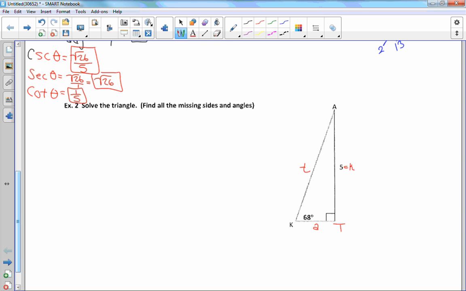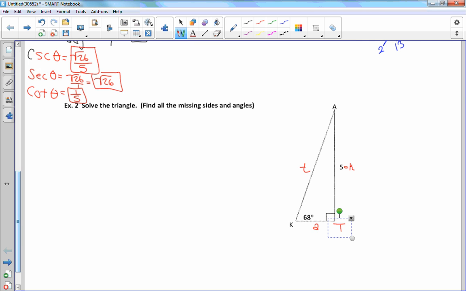So we're going to find the missing sides and angles. We can't lose the diagram here because we only know one side length. This time we know it's a right triangle, so we have trig functions we can use. And we know this degree is 68. We know what measurement of angle A is. How do I know it's 22?